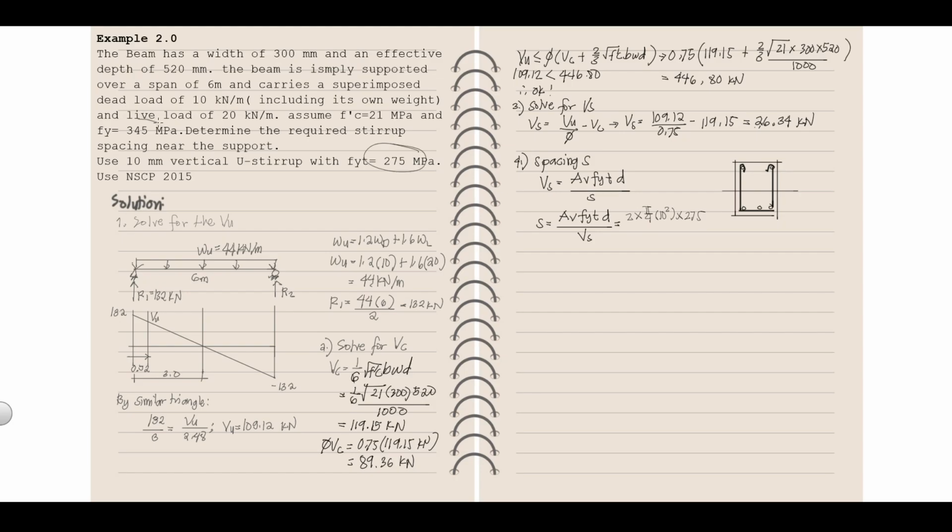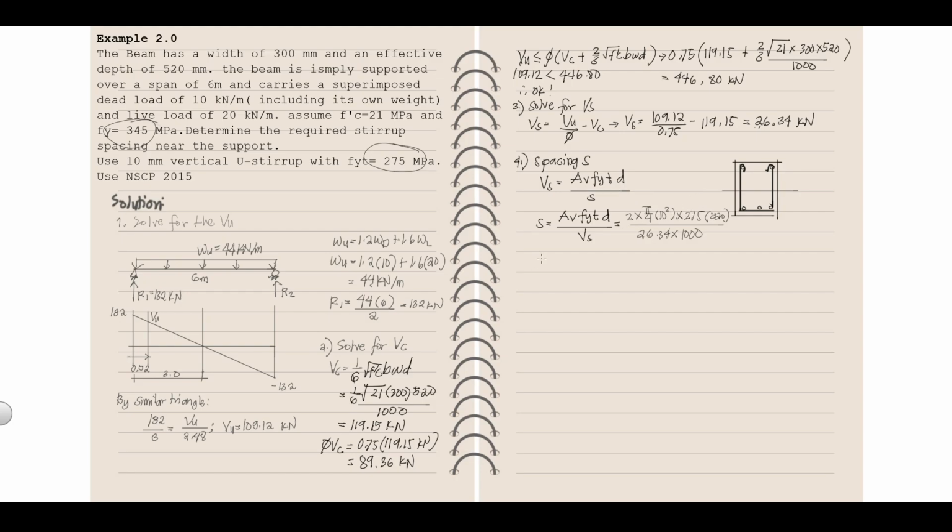Hindi po ito ang gagamitin na. This is for the main bar. Dito tayo sa yung strength ng stirrup, 275 times D, 520. Let's divide it by the VS. Ang VS natin is 26.34, times 1,000 natin, kasi dapat naka-Newton to. Kasi naka-MPa millimeter square itong ating value sa taas.